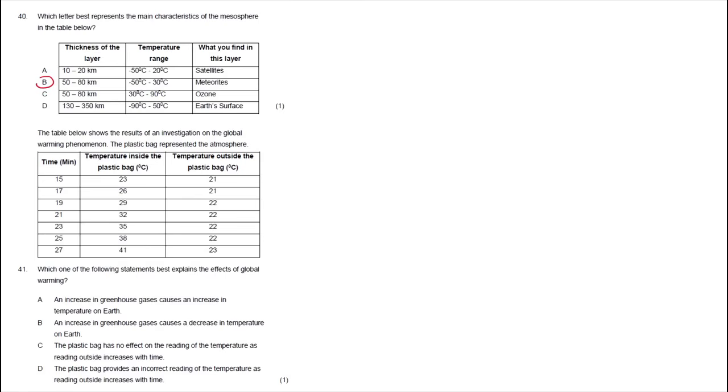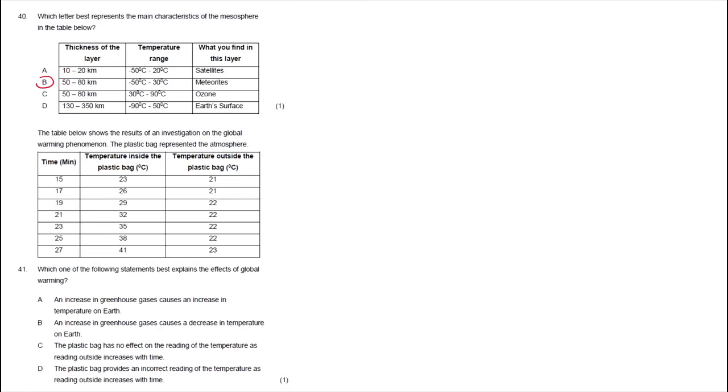And then next we will move to question 41, and here we can see that the table below shows the results of an investigation on the global warming phenomenon. And then we are told that the plastic bag represented the atmosphere. So now the question is, which one of the following statements best describes the effect of global warming?